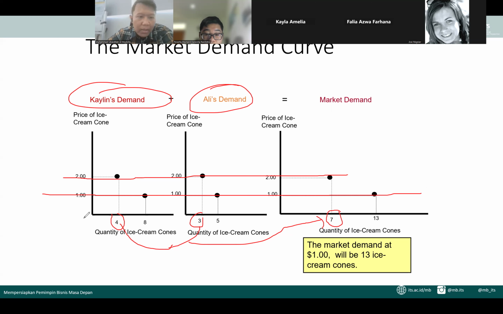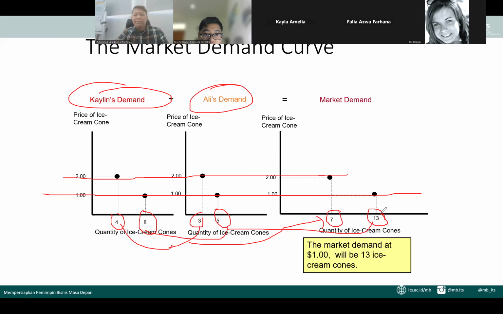Kaylin will demand 8, while Ali will demand 5. So the combination of 8 and 5 gives 13 ice creams. This is how we come up with the market demand.